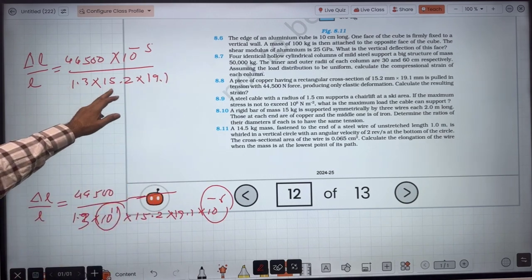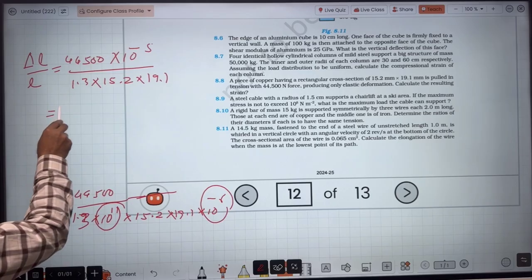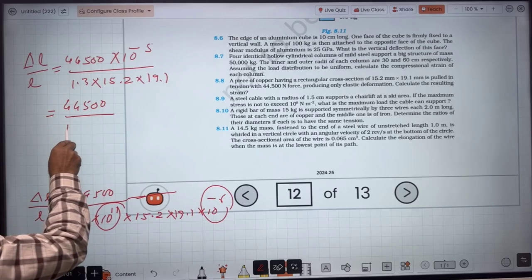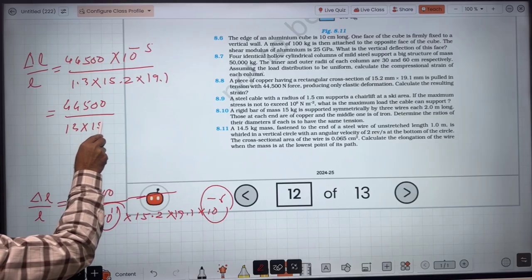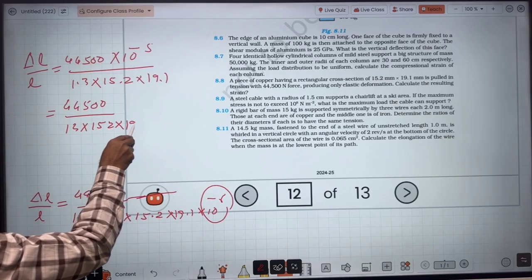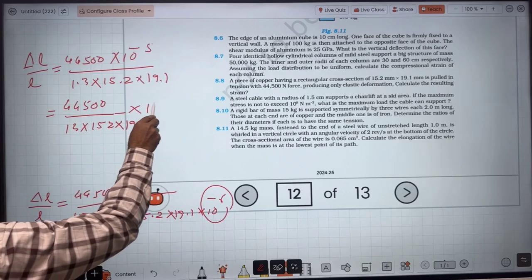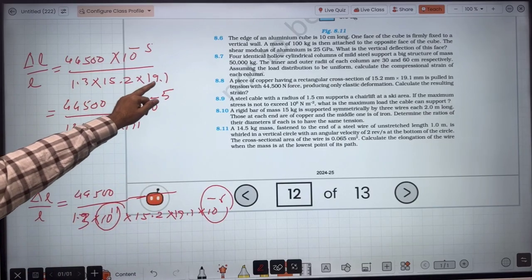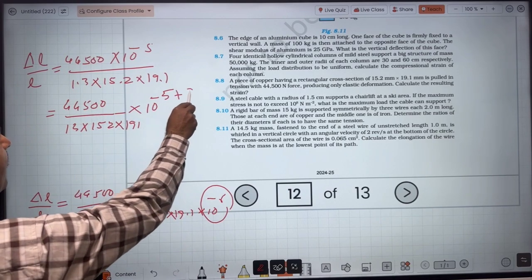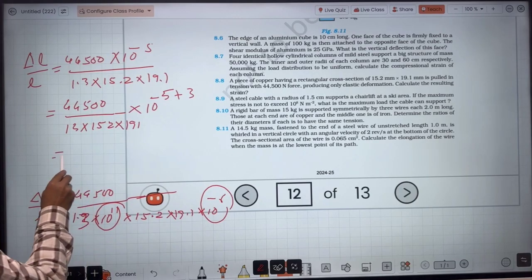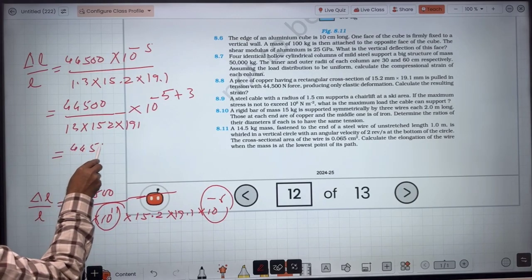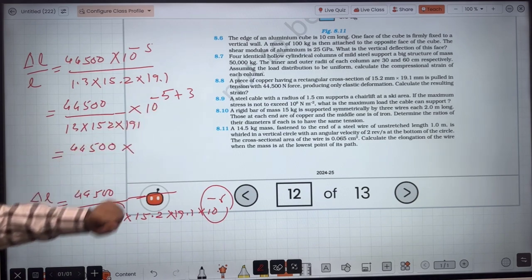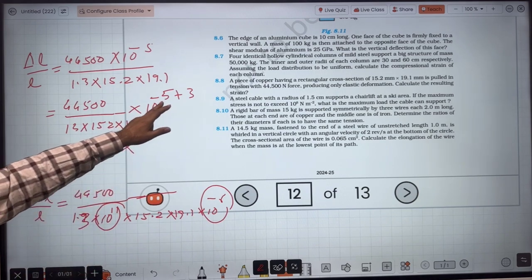Let's remove these decimals from here also. So 44500 divided by 13 into 152 into 191 into 10 to the power minus 5. From here 1, 2, 3: 3 positive powers. So 44500 into 2 negative powers are left.